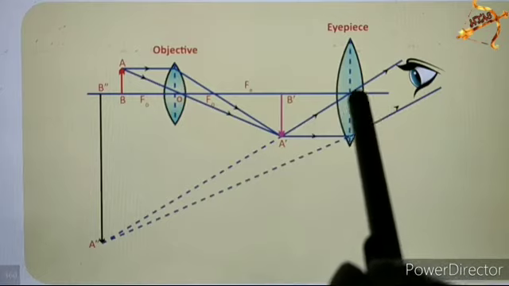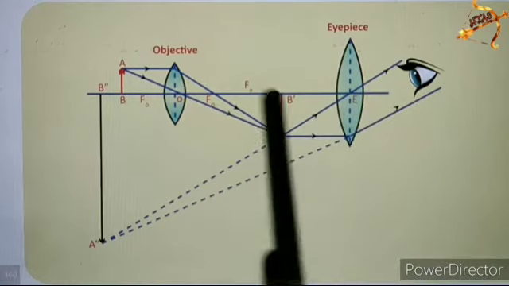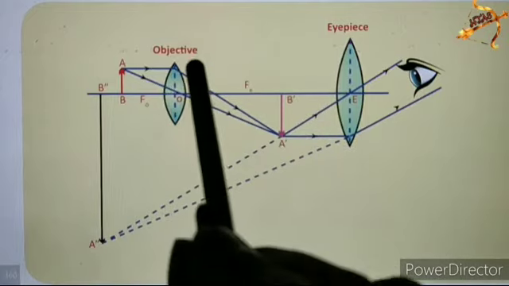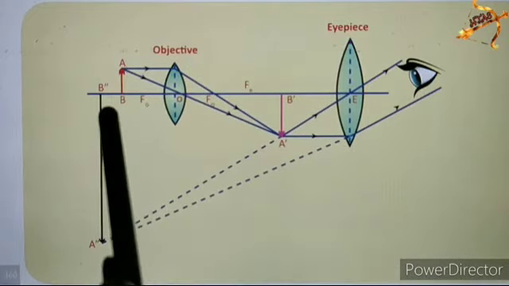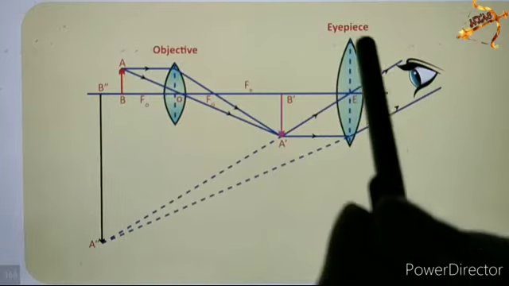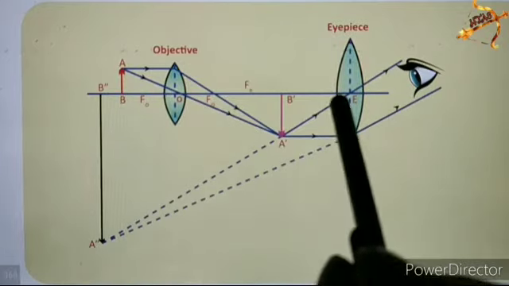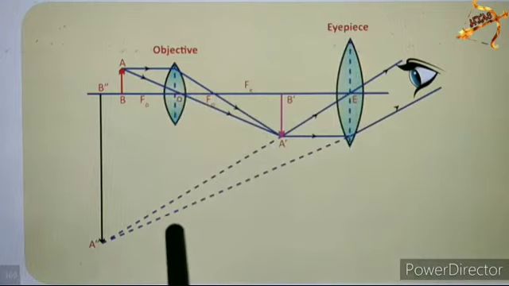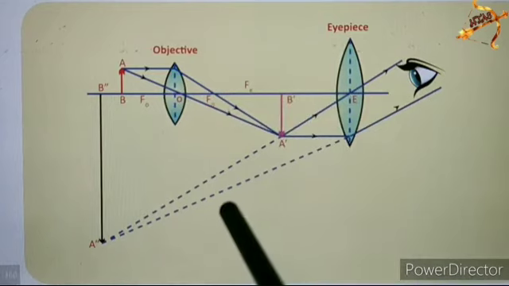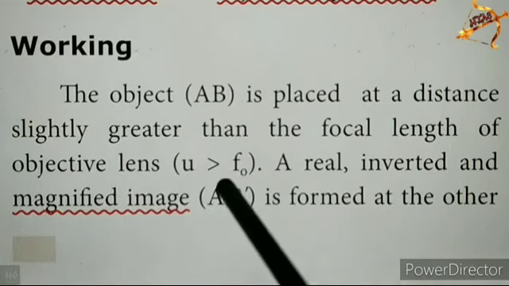This image behaves as the object for the eye lens. The position of the eye lens is adjusted in such a way that the image falls within the principal focus of the eyepiece. This eyepiece forms a virtual, enlarged and erect image on the same side of the object.